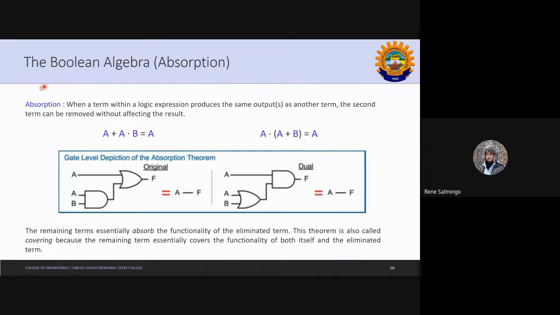Now, after the distributive property, we have absorption. What happens in absorption? The term with a logic expression produces the same output as another term, so the second term can be removed without affecting the result.